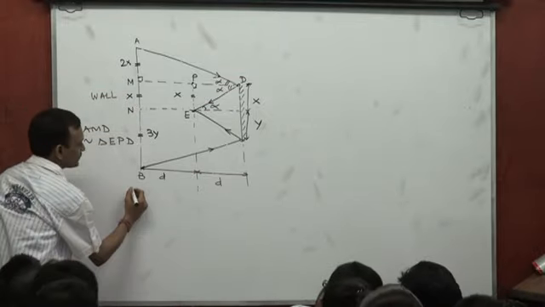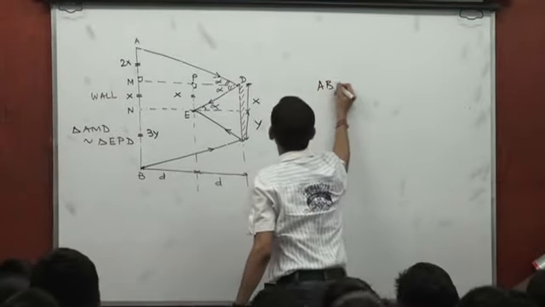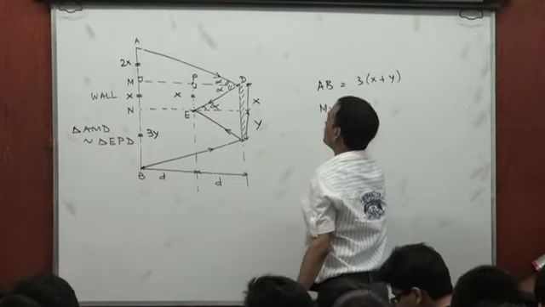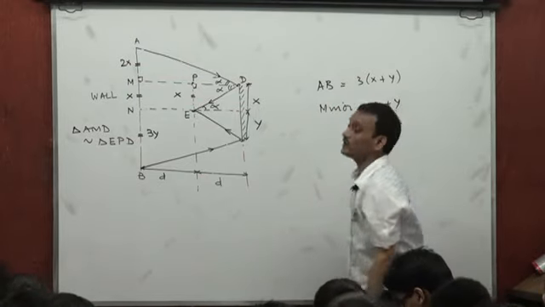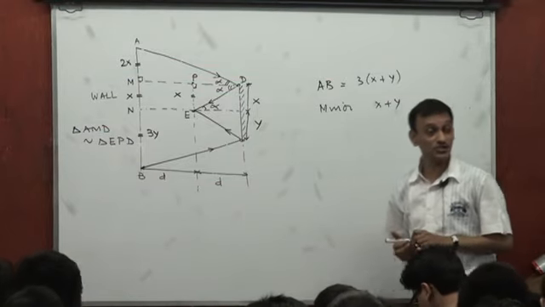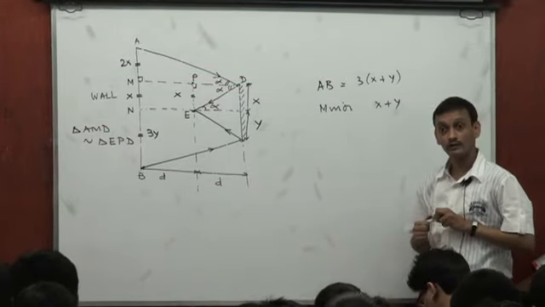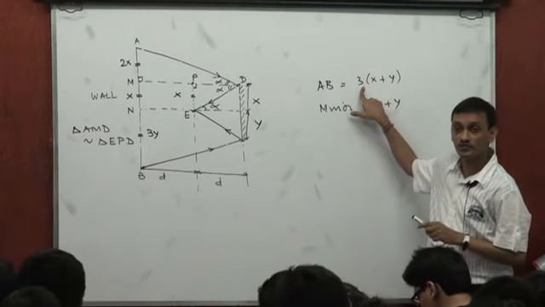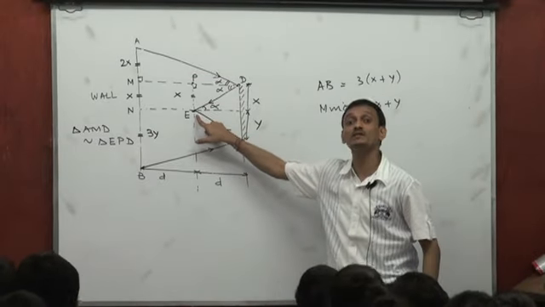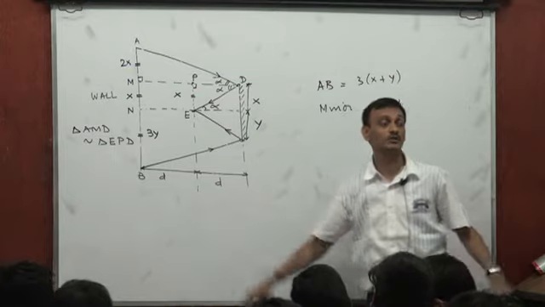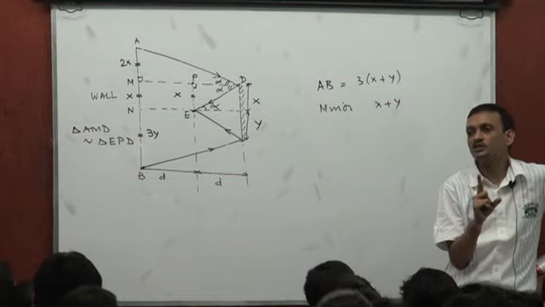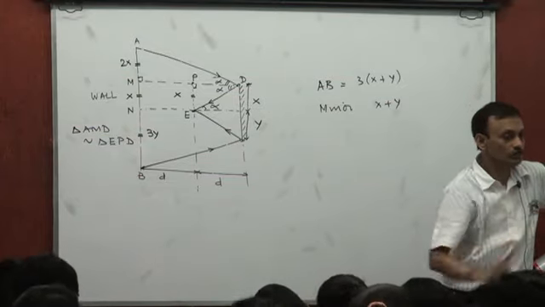So then, the size of the wall is 3 times (x plus y), whereas the size of the mirror is x plus y. So the mirror is 1/3 the size of the wall. So if there is a man standing exactly halfway between the mirror and the wall, the minimum size of the mirror required is 1/3 the size of the wall.